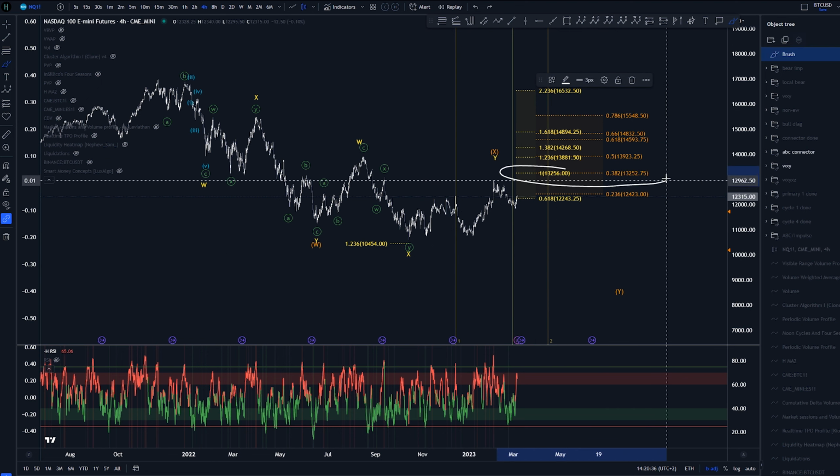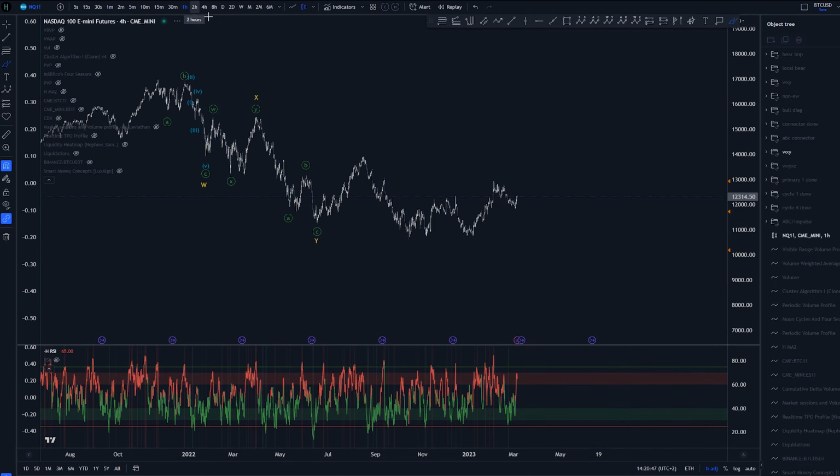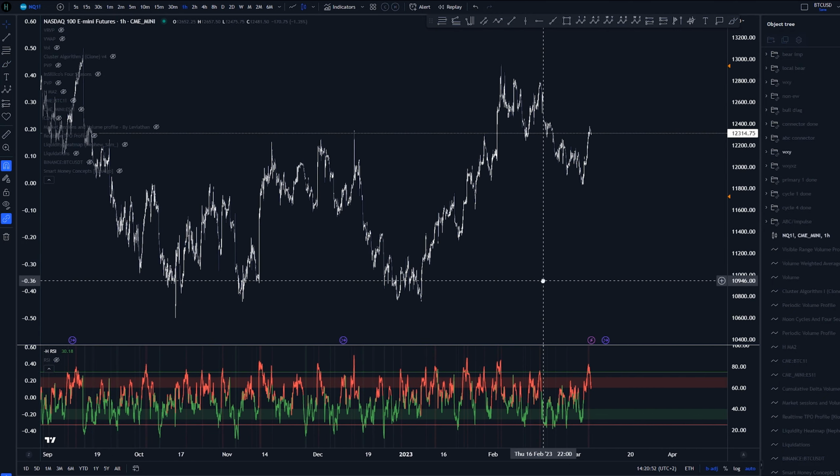These would have been really nice to see hit, but of course there is a chance that we just go up still, but to me that is less likely than the counts that I'm going to be showing you today. Now, let's jump into the lower time frames and see what the issues are with the bullish counts first.